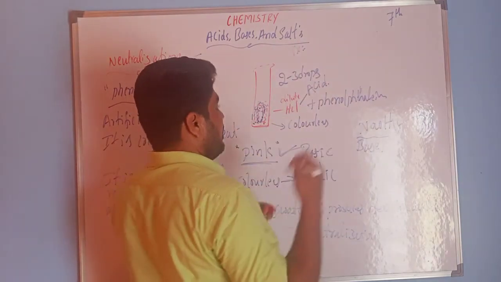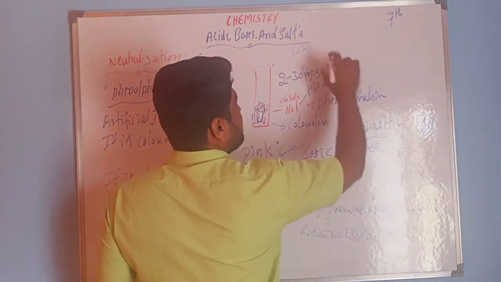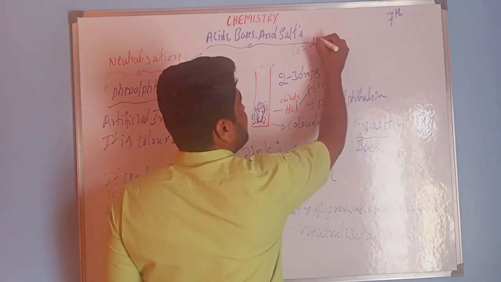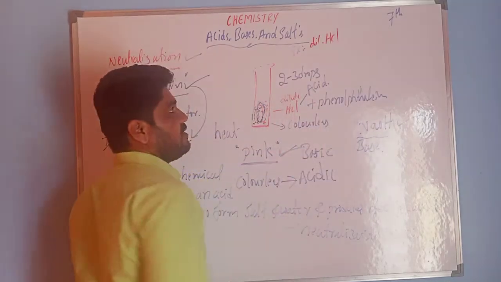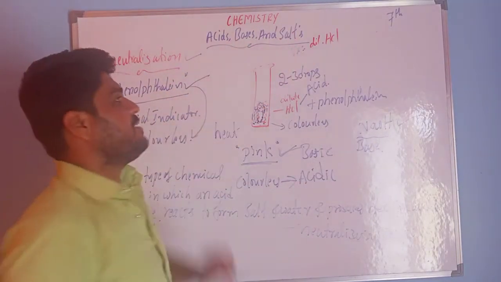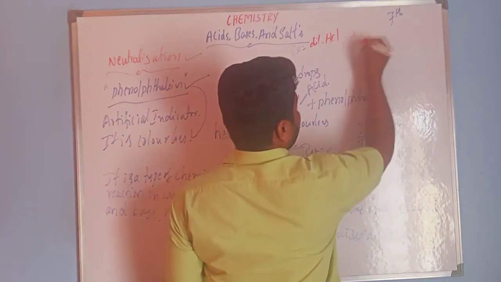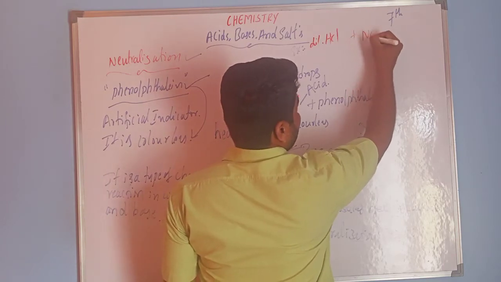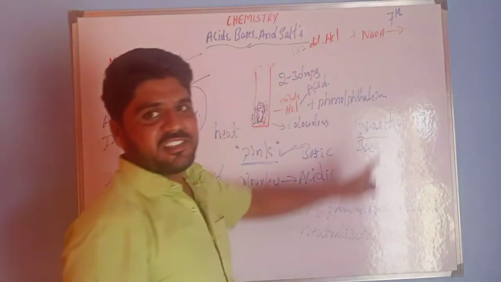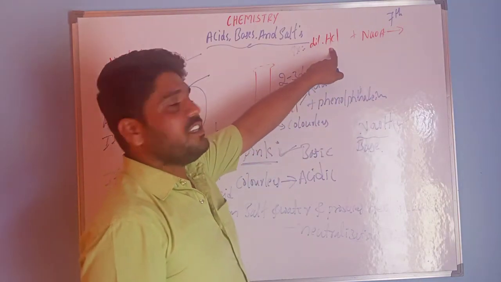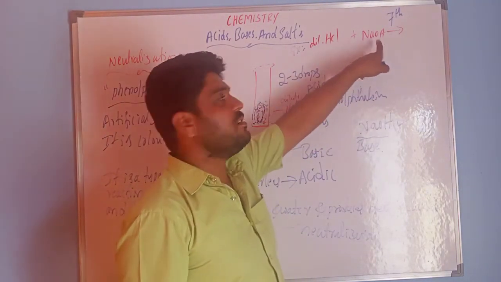I am taking an acid, that is dilute HCl, dilute acid. HCl is an acid. This HCl reacts with a base, that is NaOH. NaOH is a base. So this is an acid and this is a base.